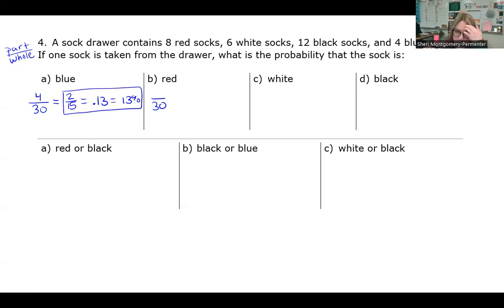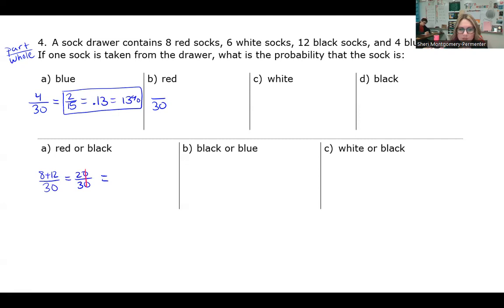The other one that we're going to do together is whether or not they are red or black. So there's still 30 total, but red or black, we have 8 red and we have 12 black. So 8 plus 12 is 20 out of 30. Pretty good chance you're going to get a red or a black sock. And if we reduce that, again, anytime that you have zeros that match up, you can mark them out because that just becomes 1.